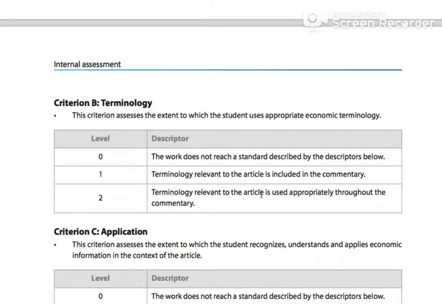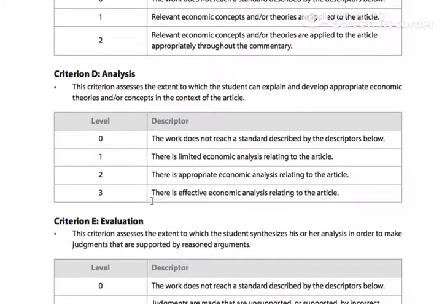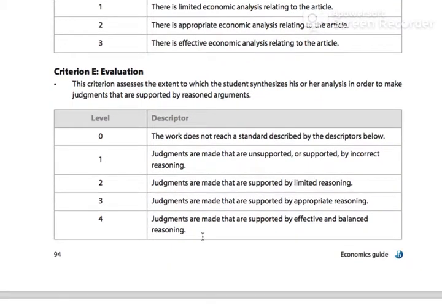Terminology, relevant to the article, appropriately throughout. Application, relevant concepts are applied to the article throughout your commentary. Analysis for full marks, there is effective economic analysis relating to the article. And then your 4 marks for your evaluation, judgments are made that are supported by effective and balanced reasoning. And in that judgment, you're going to offer an alternative solution possibly.